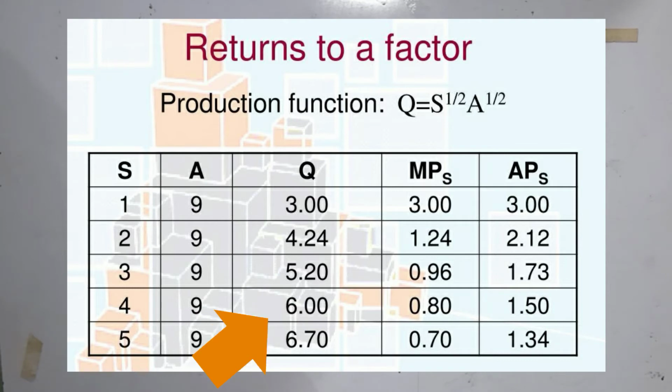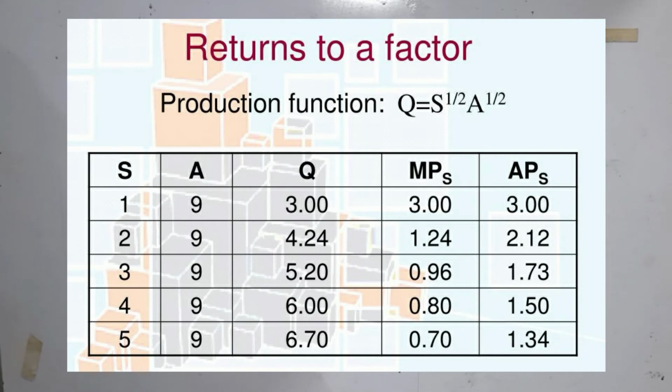The total product of steel is the total output for each level of steel. The marginal product of steel is the incremental output from one additional unit of steel. And the average product of steel is the output divided by the total units of steel.